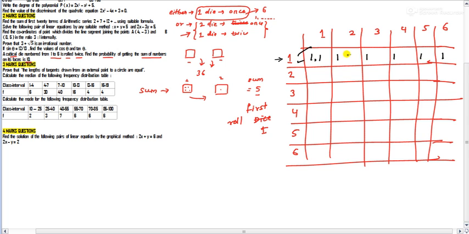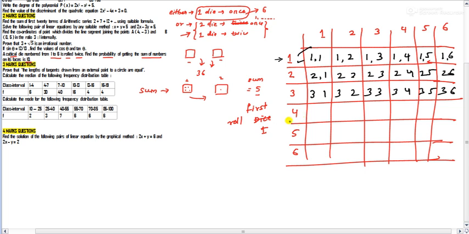Then I'll copy the same numbers: 2, 3, 4, 5, 6. Put a comma between them. Now 2, again all the numbers: 2 2 2, then again 2 3 4 5 6, then 3 in all. Then again 1 2 3 4 5 6.